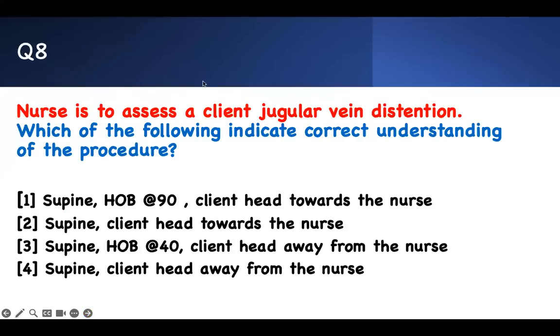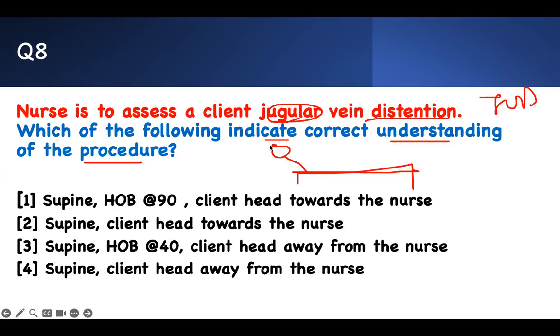Number 8, the nurse is to assess the client's jugular vein distension, JVD. Which of the following indicate correct understanding of the procedure? So if the patient is in the bed and you want to do JVD, they stay supine, just raise the head up to 30 to 45 degrees. And they have to turn away from you. Supine is good.